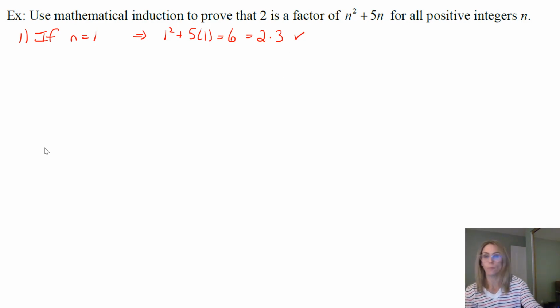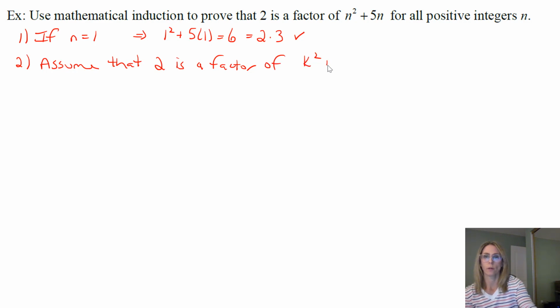Now, the next thing is the second piece, we're going to assume that 2 is a factor of k squared plus 5k.